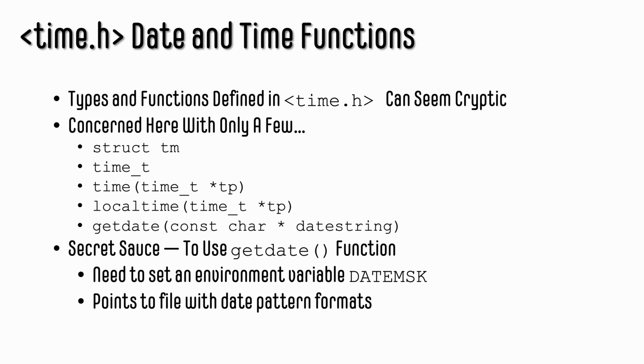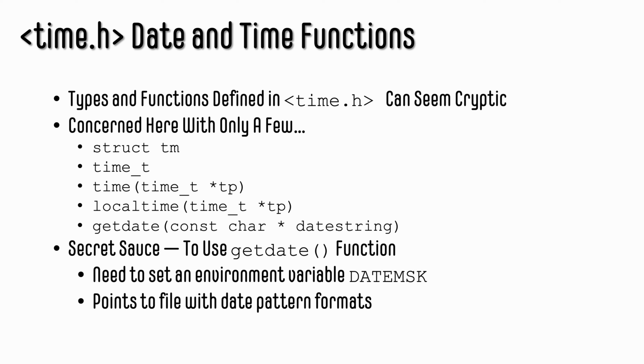Because when you pass a date string to getdate, the system will try to match it to the date formats in that file, and then it will parse that date string, and if it finds a match, it will return a date. I literally was pulling my hair out until I went back and read the documentation and figured out that was what I was missing. Once I did that, everything magically worked.